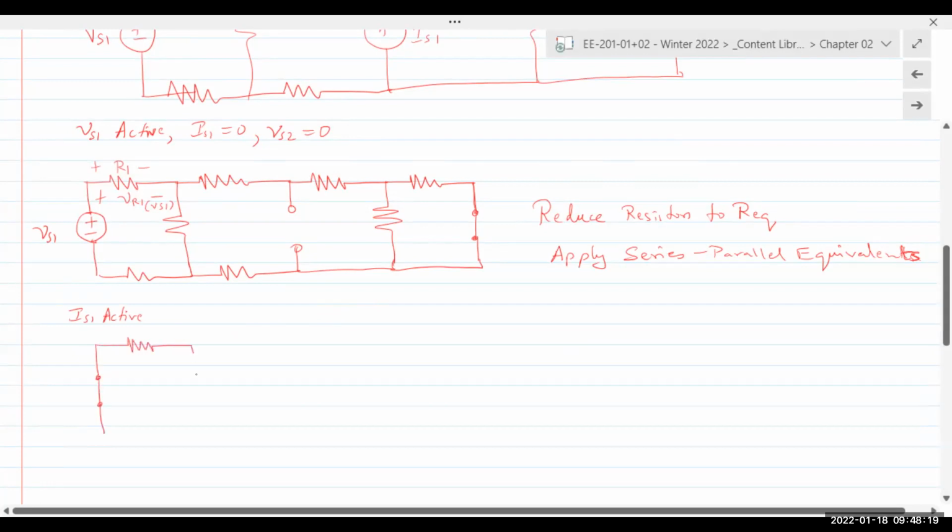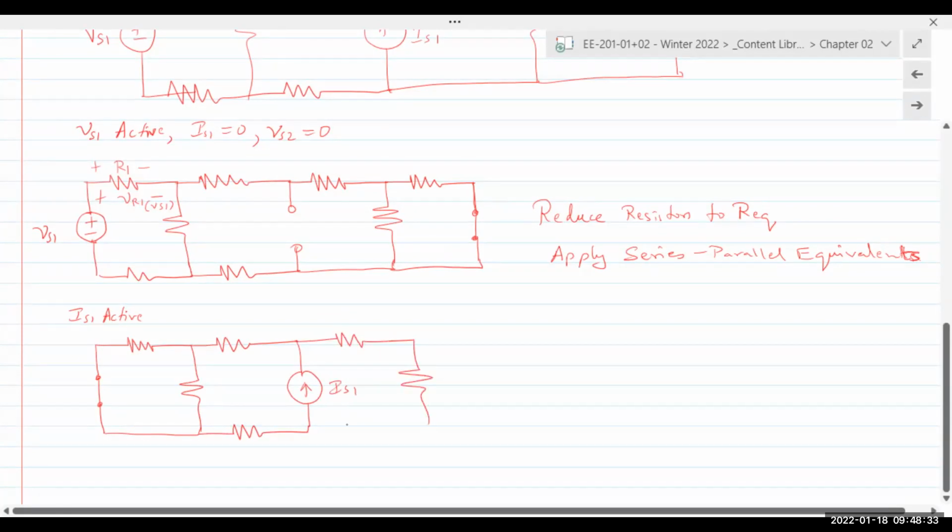You have resistor R1 and the other resistors. Current source IS1. And of course, VS2 is still 0.